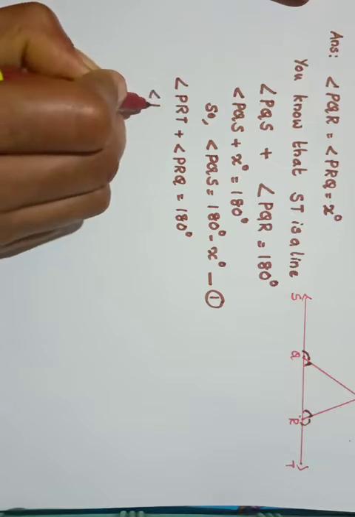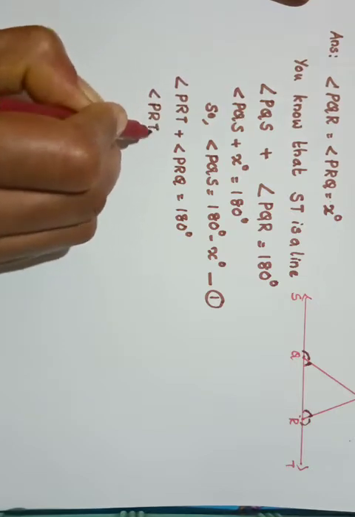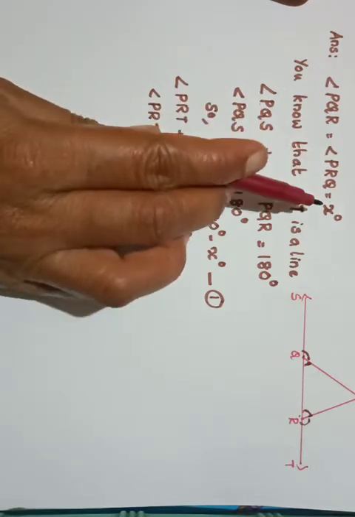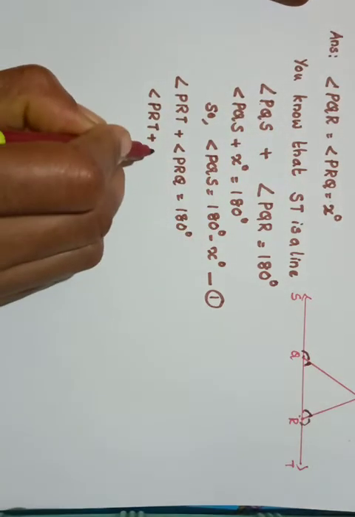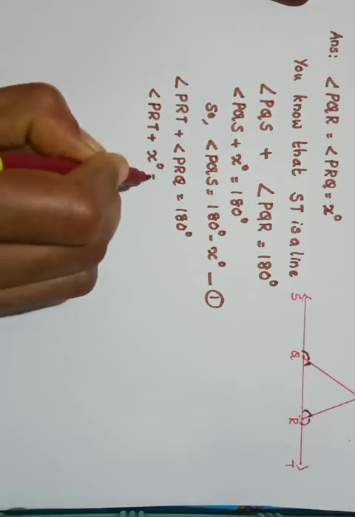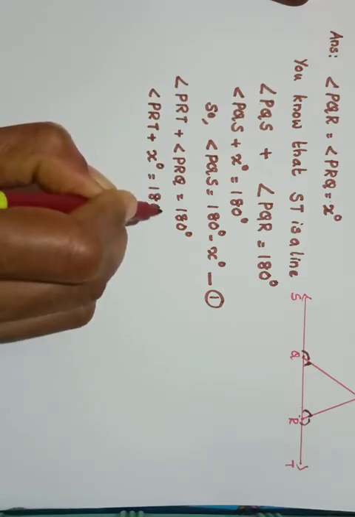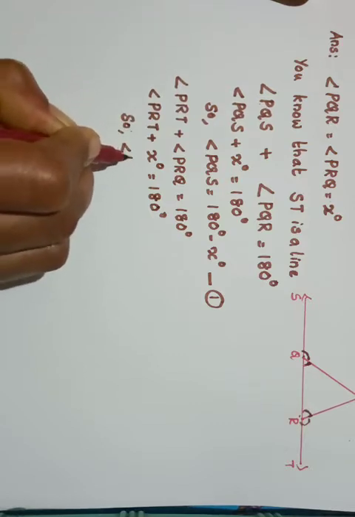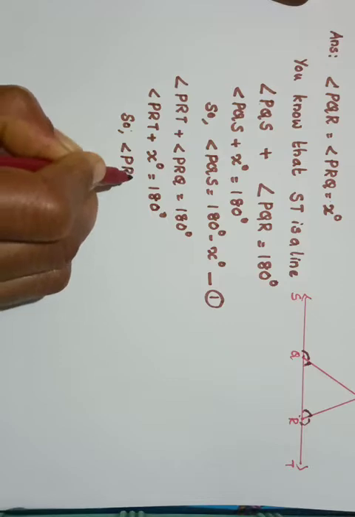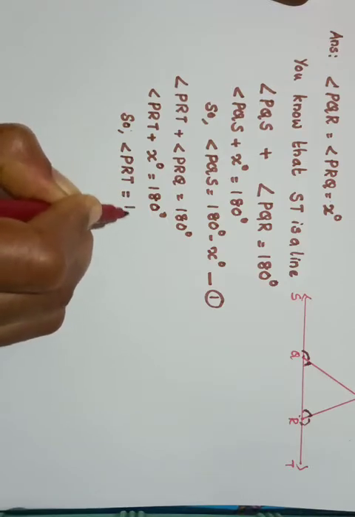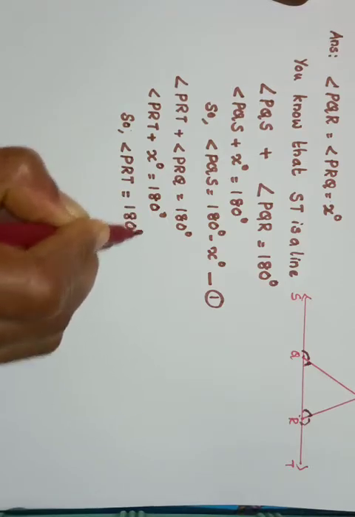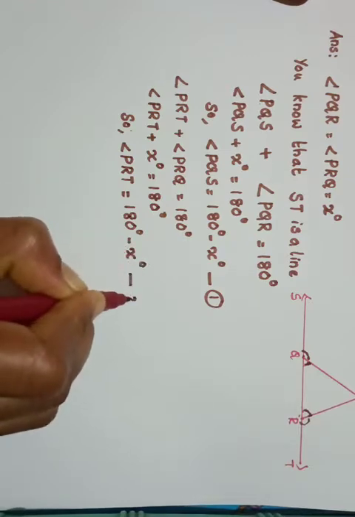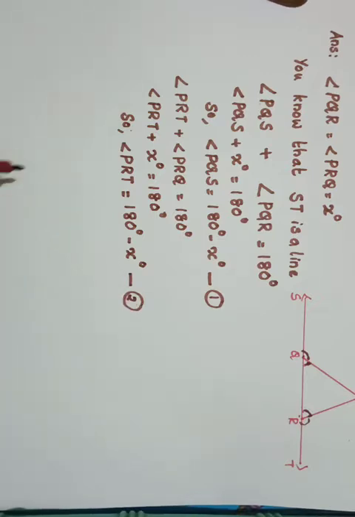Then angle PRT plus, in the first step you have taken angle PRQ as x degree, so we can replace this by x degree. You are getting 180 degree. So angle PRT is equal to 180 degree minus x degree. Let it be equation number 2.